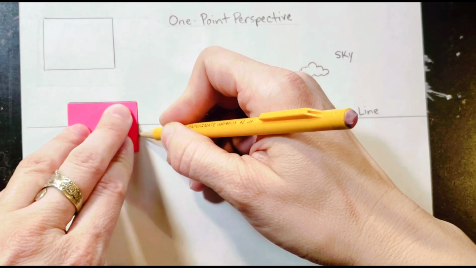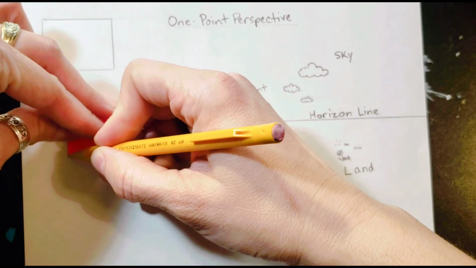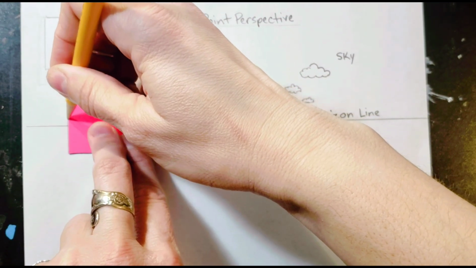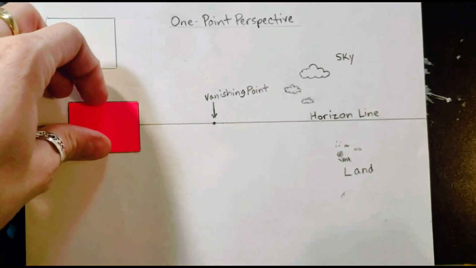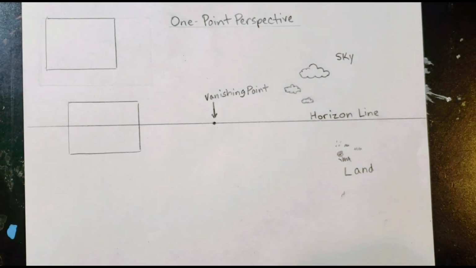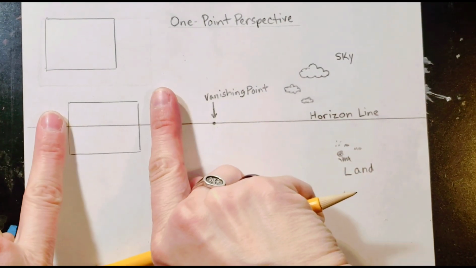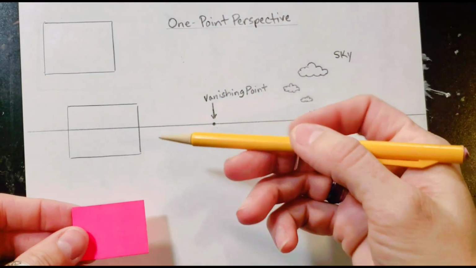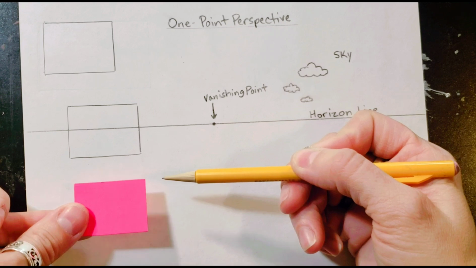And this one is going to be different than the other one. And then the third shape, which is two-dimensional right now, just a flat rectangle, is going to be below the horizon line. So whenever you're drawing your example, make sure you do one above, one on, and one below the horizon line.